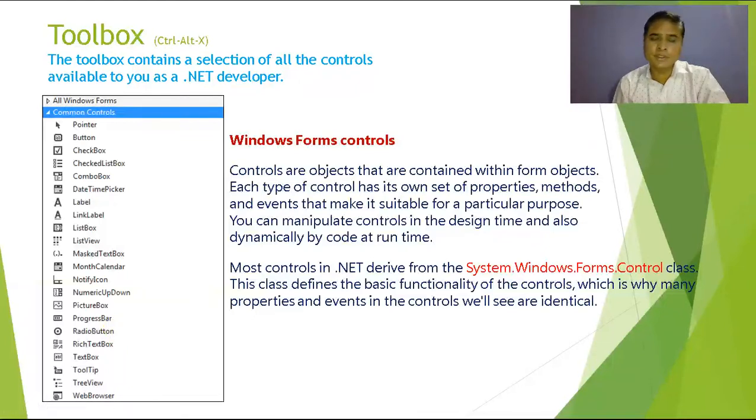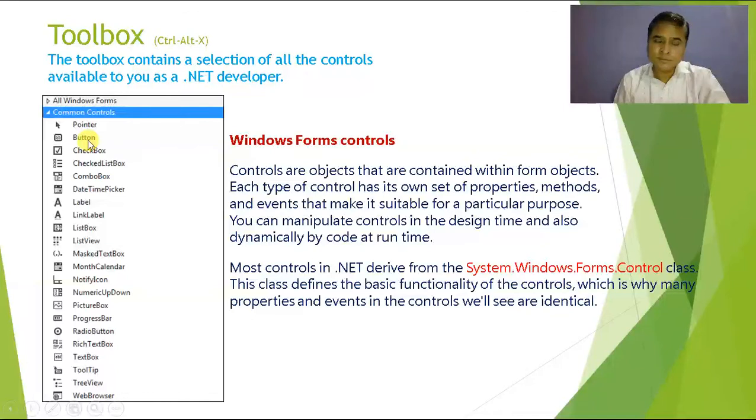We will use it in our mini project, then you can understand. Windows Forms controls are objects that are contained within form objects. Each type of control has its own set of properties, methods, and events that make it suitable for a particular purpose.